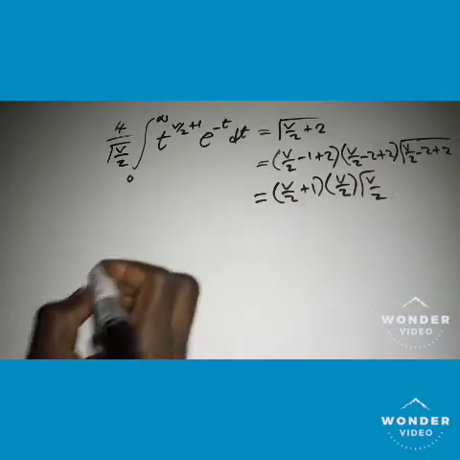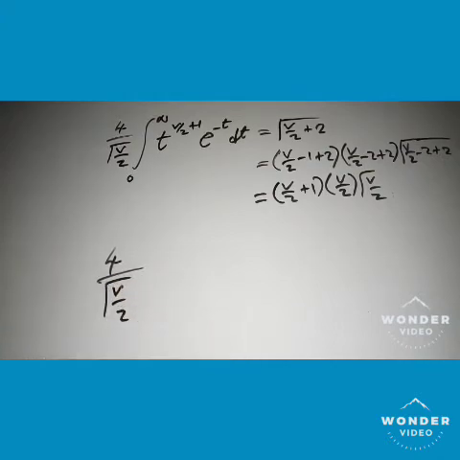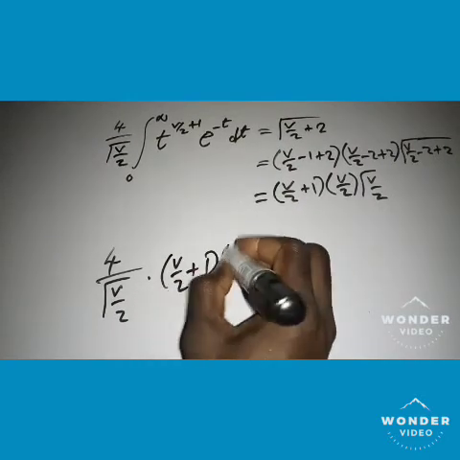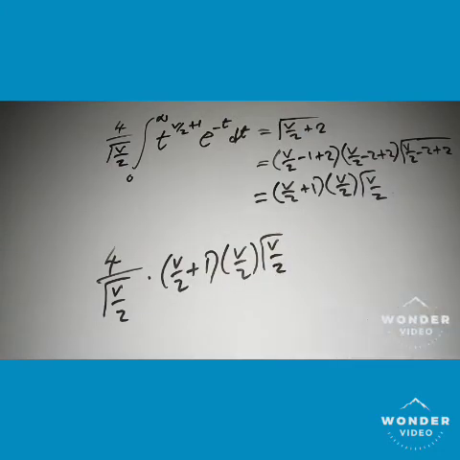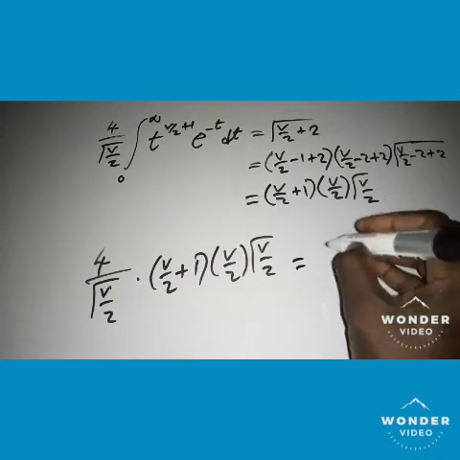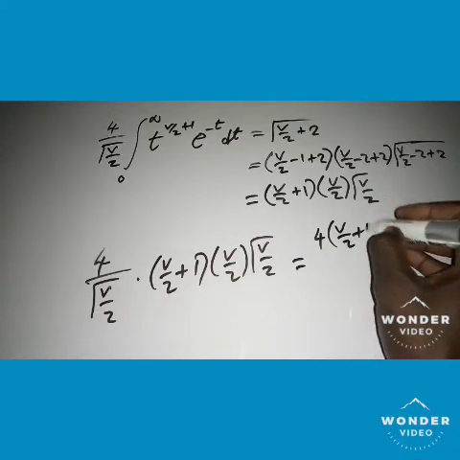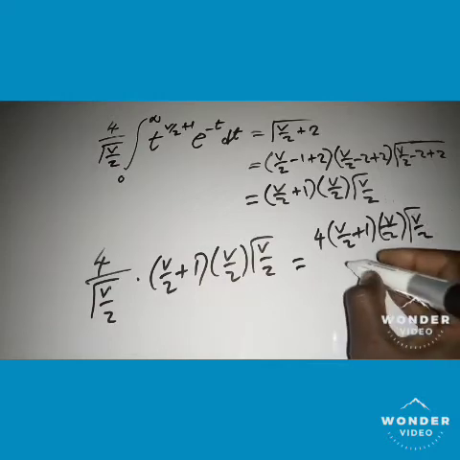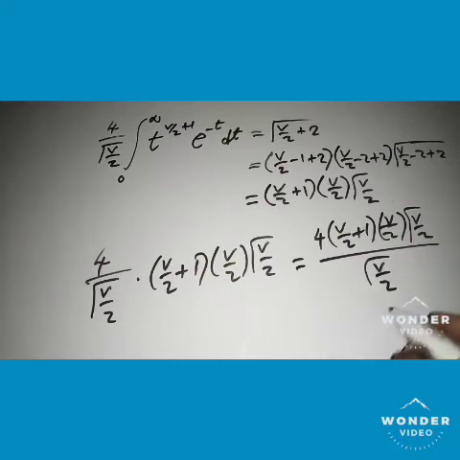Therefore, to substitute, we now have 4 over gamma of v over 2, times v over 2 plus 1, times v over 2, times gamma of v over 2, which is the same thing as 4 times v over 2 plus 1, times v over 2, then gamma of v over 2 all over gamma of v over 2, which is clear.